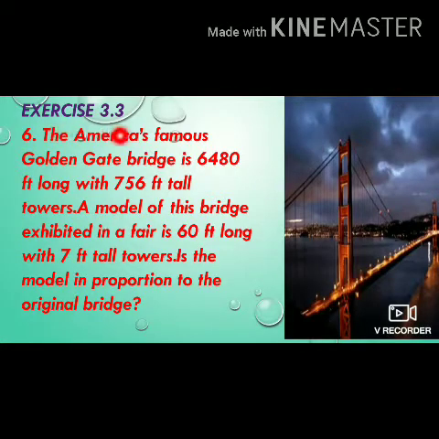Exercise 3.3. Sixth sum. America's famous Golden Gate Bridge is 6,480 feet long with 756 feet tall towers. A model of this bridge exhibited in a fair is 60 feet long with 7 feet tall towers. Is the model in proportion to the original bridge?